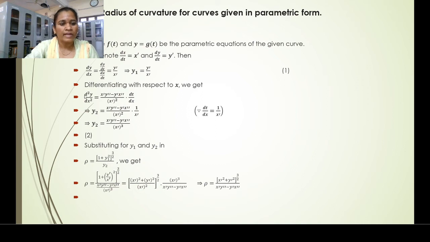Then we write d square y by dx square as y2 is equal to x dash y double dash minus y dash x double dash by x dash whole square, into dt by dx. We already found dx by dt is x prime, so dt by dx is 1 by x dash.